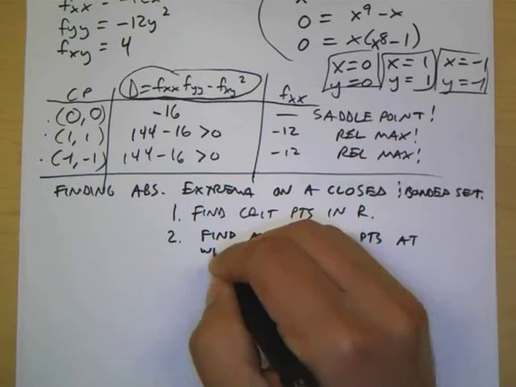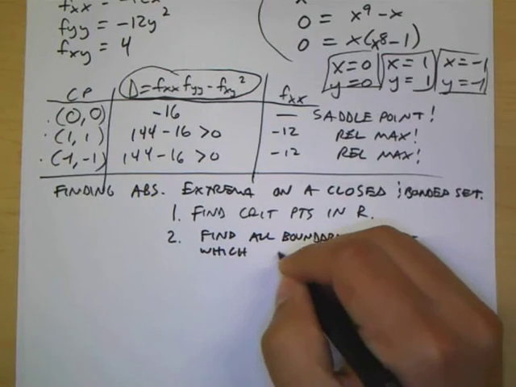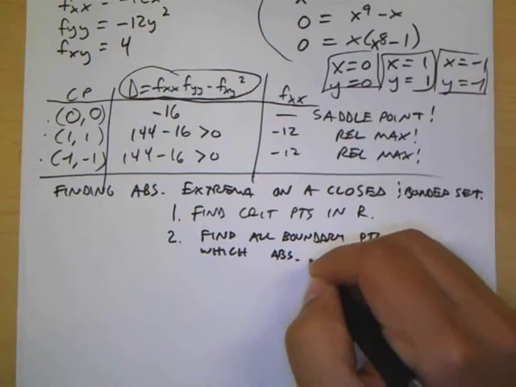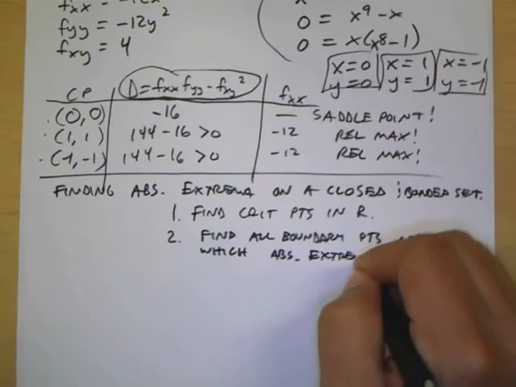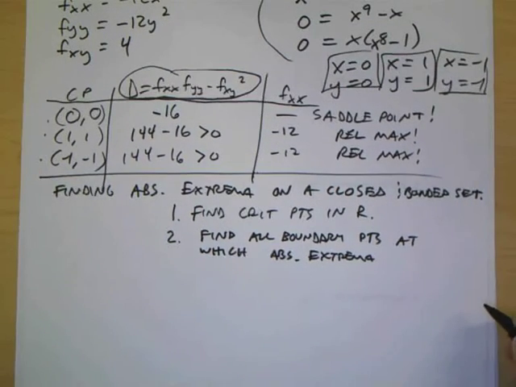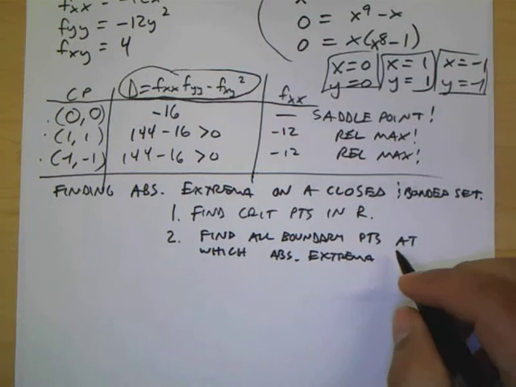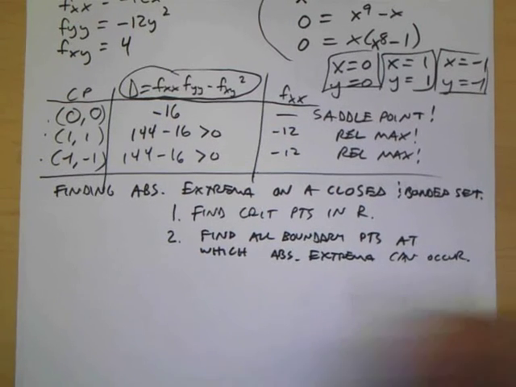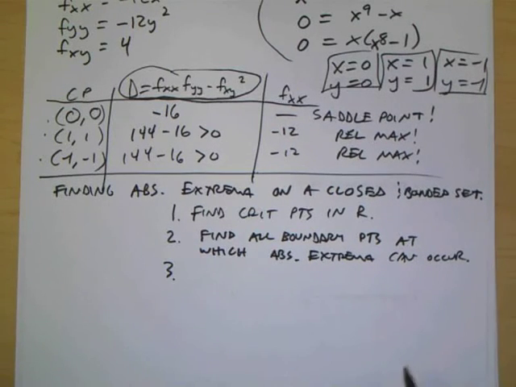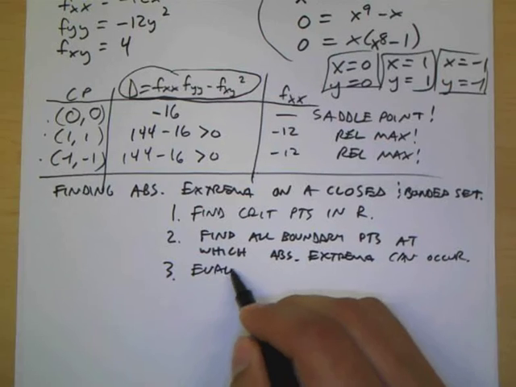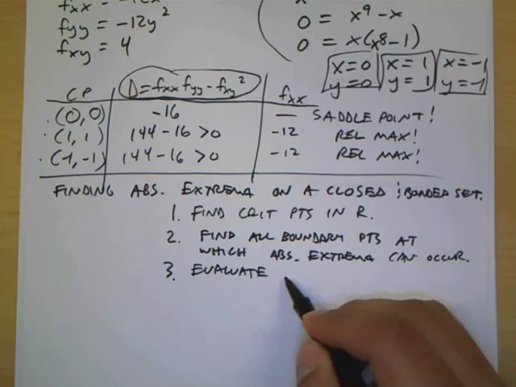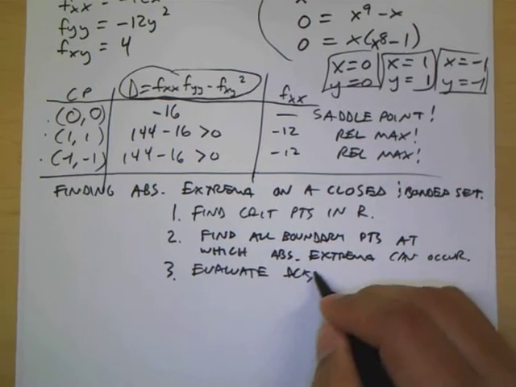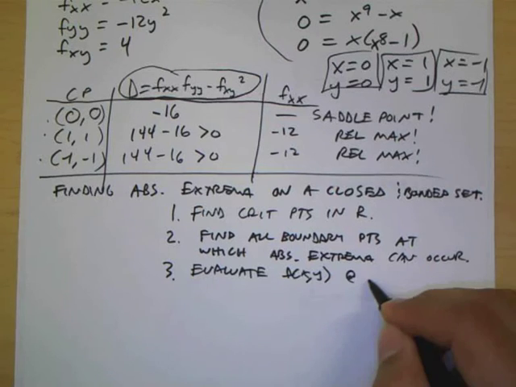at which absolute extrema can occur. So it's not as simple as plug in x equals 3 and x equals 5 because those are the endpoints. We might have a little bit more going on. That's the only difference. The rest is still the same. Evaluate f of x, y at all the points.